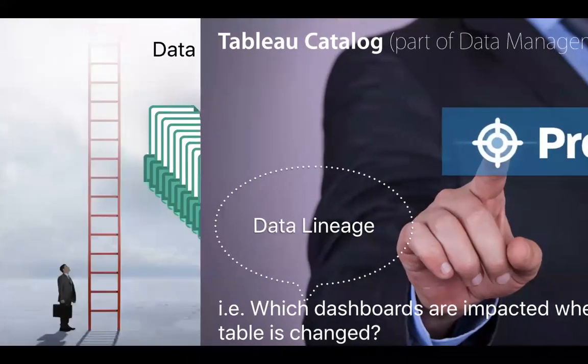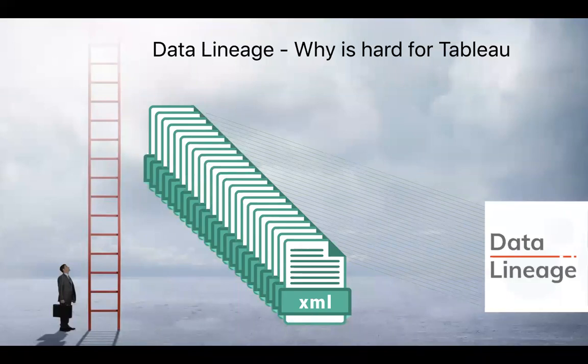Why is it so hard to get data lineage out of Tableau? I guess you probably know all that metadata is actually in the XML.